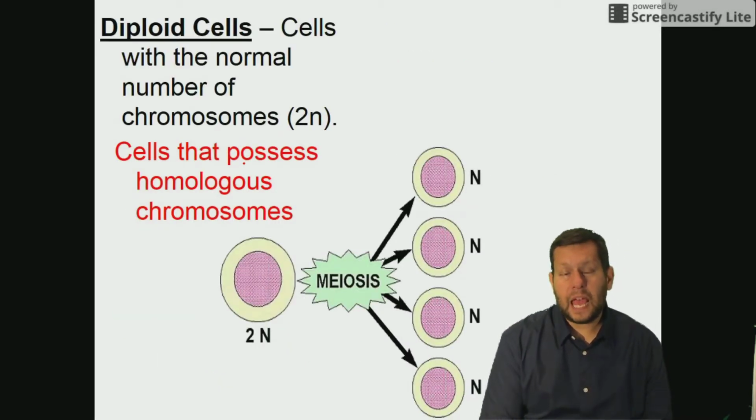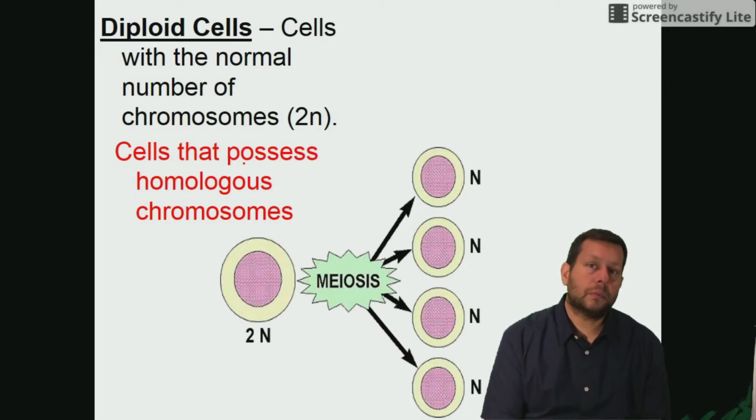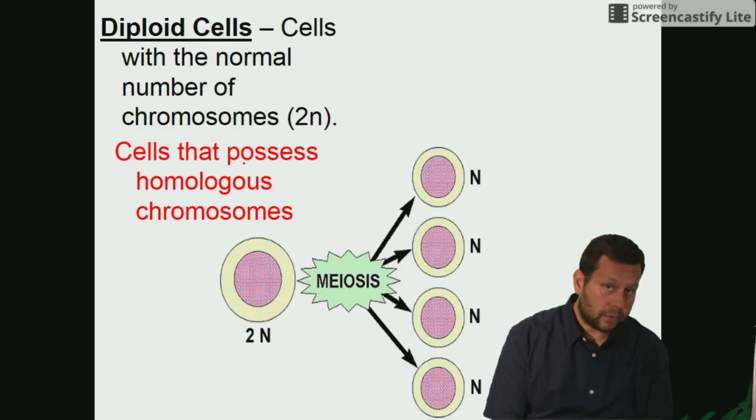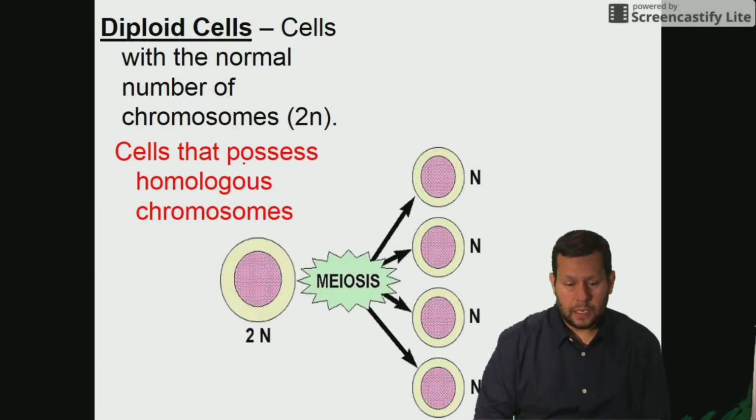When cells have homologous chromosomes present, we say that they are diploid cells. Diploid cells are the cells with the normal number of chromosomes. So for a human, again, that's 46 chromosomes. But if we have 46 chromosomes, that means we have 23 pairs. 23 from mom, 23 from dad.